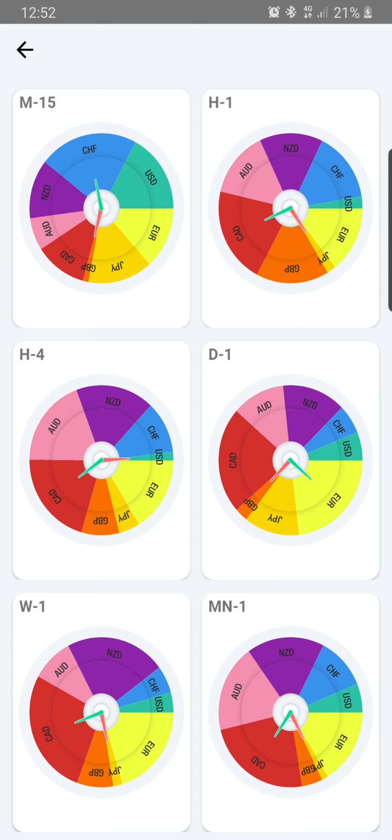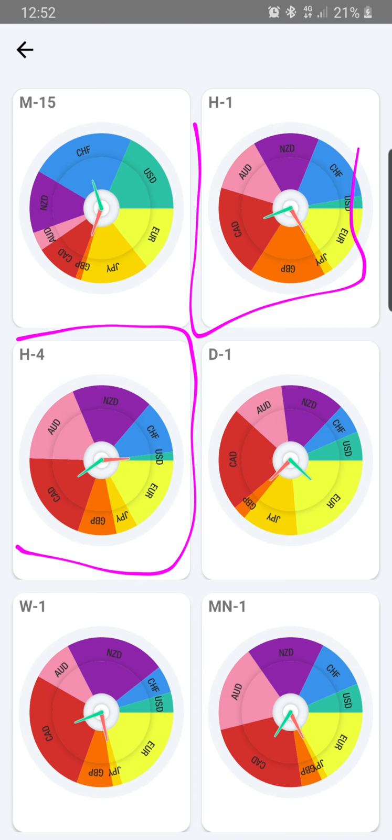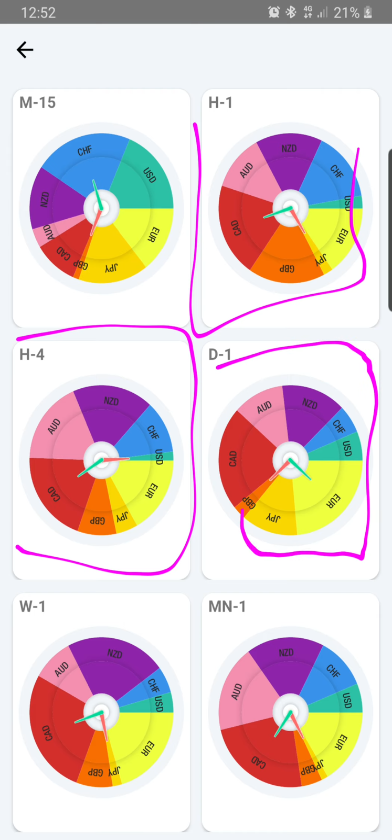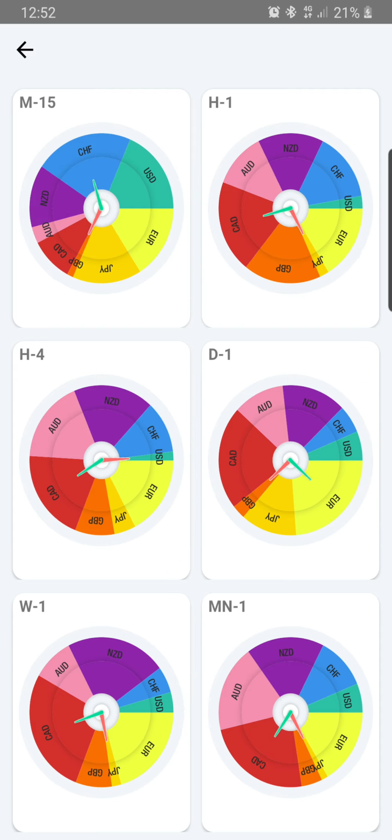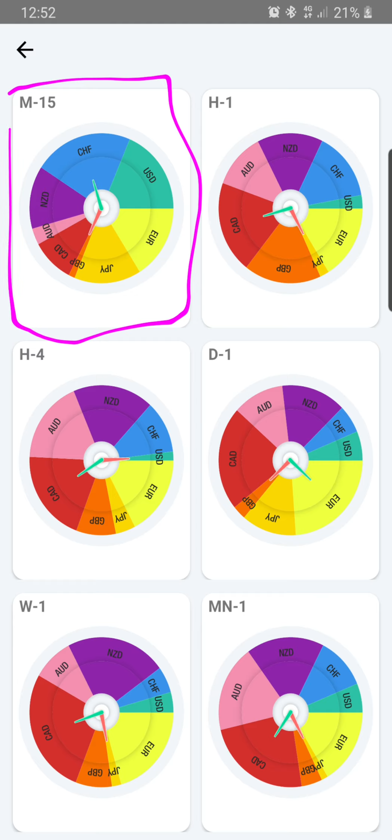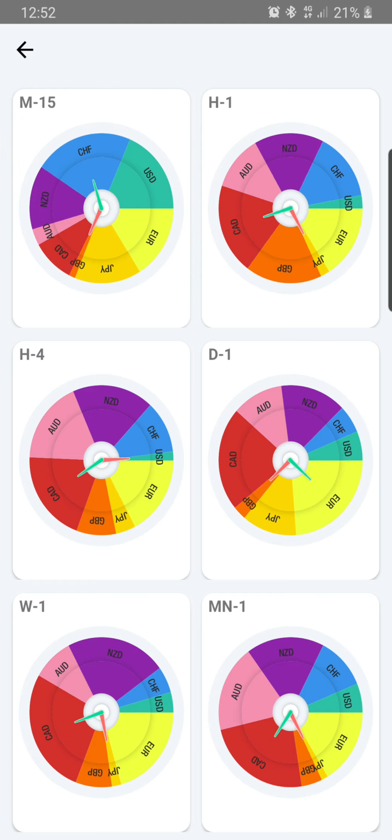But on higher time frames like 4 hour, 1 hour, daily, and even weekly, USD is weak. On the 15 minutes time frame, you can see it is expanding. That is basically what it shows you.